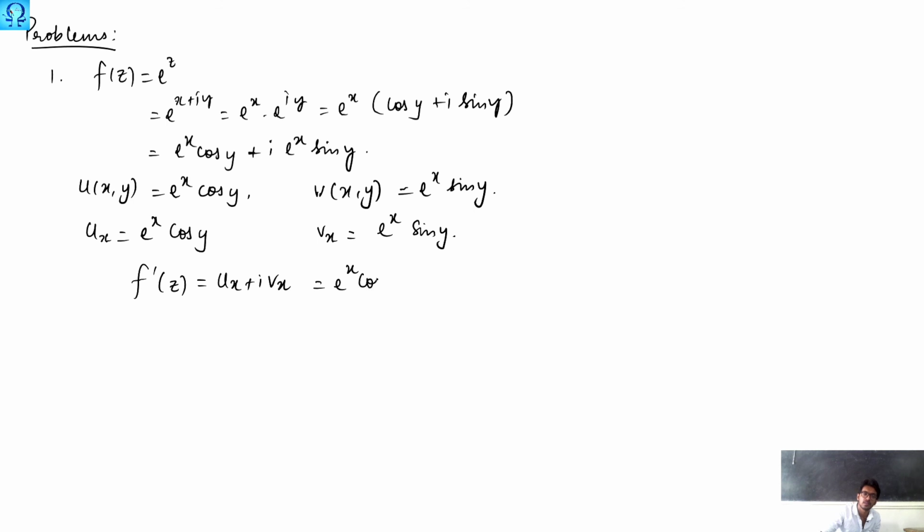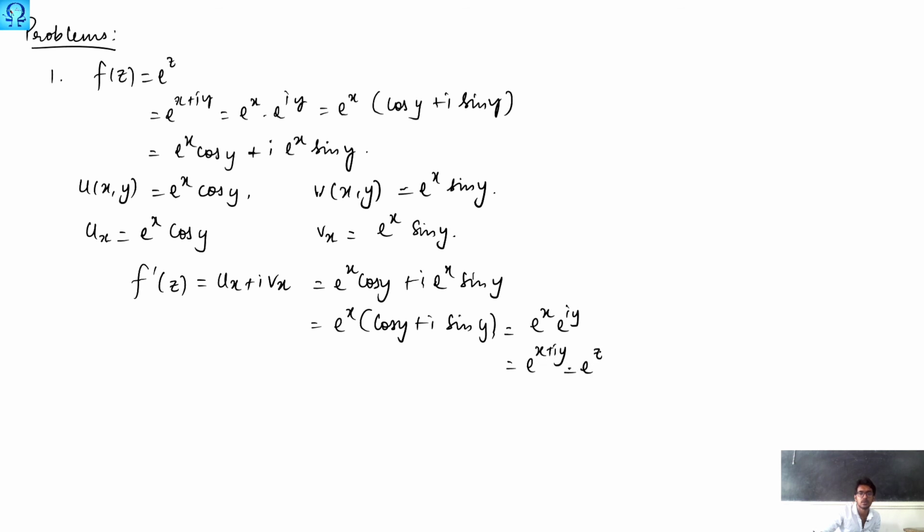So e power x cos y plus iota times e power x sin y. So e power x times cos y plus iota times sin y. So this shall be written as e power x e power iota y. That becomes e power x plus iota y, and that is simply e power z. So the derivative is the same function itself.